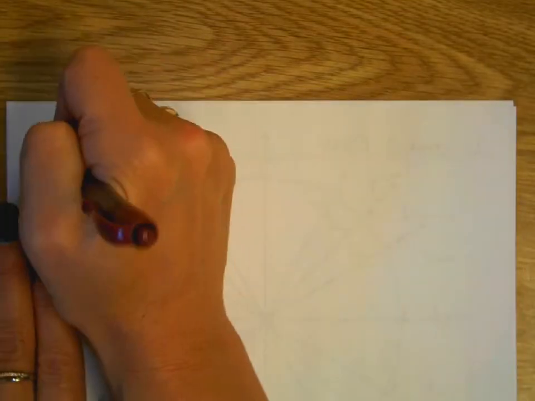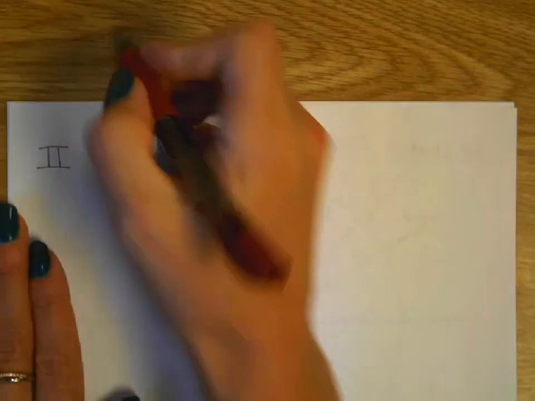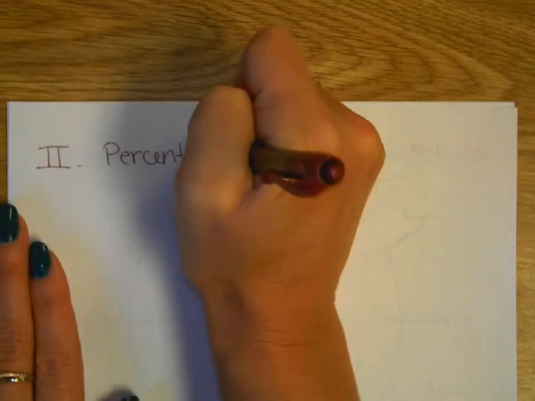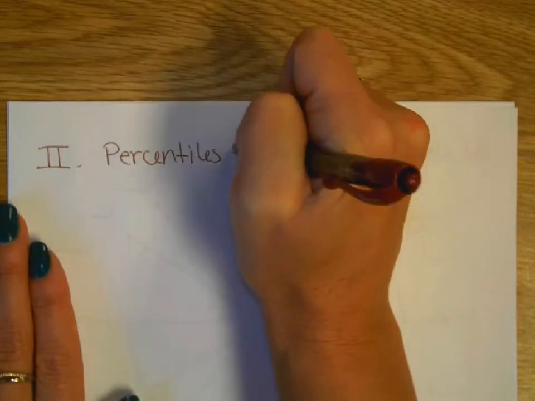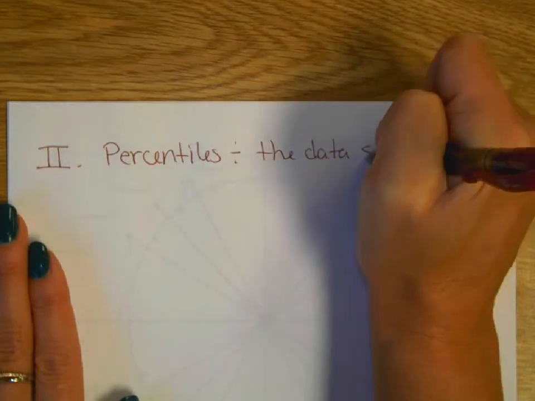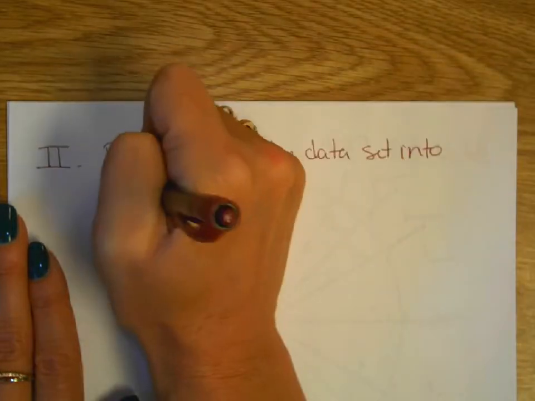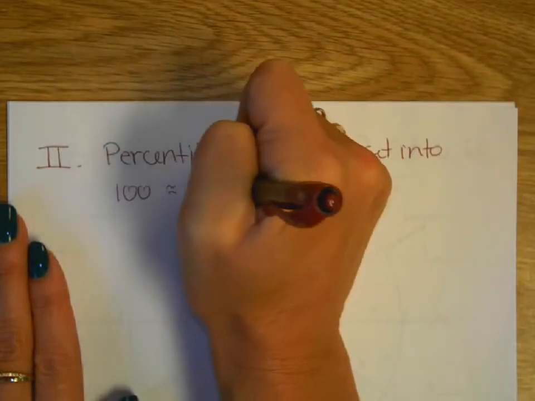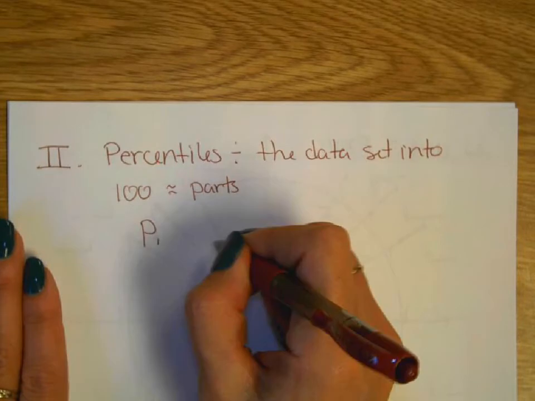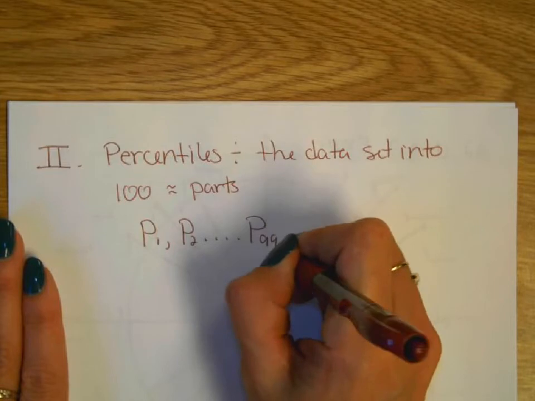So if quartiles divided a group up into 4 equal parts, percentiles divide the data set into 100 approximately equal parts. So we've got P1, first percentile, P2, all the way through the 99th percentile.